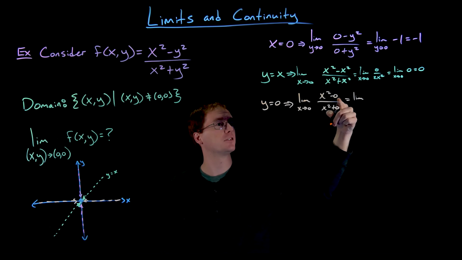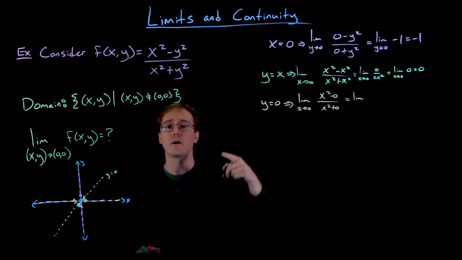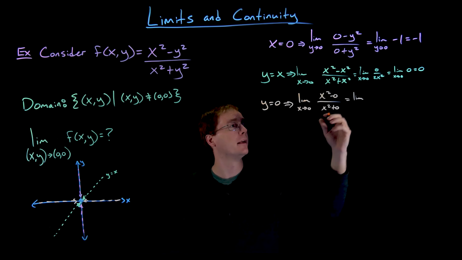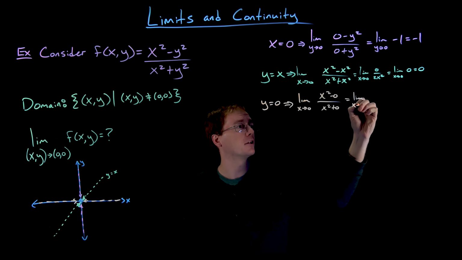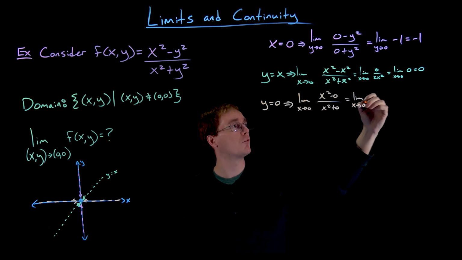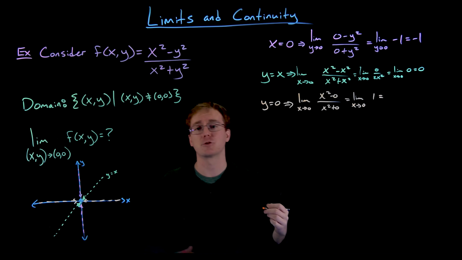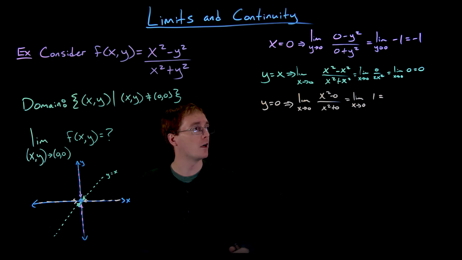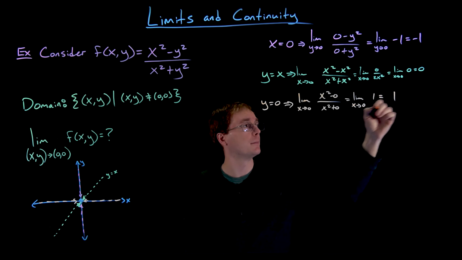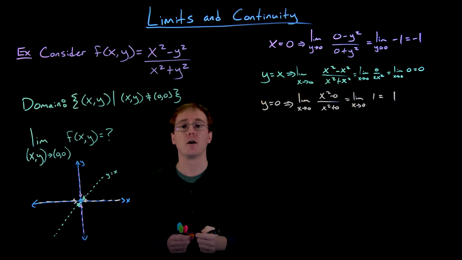To find this, we just set y equal to 0 in our function, and now our two variable limit is a single variable limit. And so we can evaluate this pretty quickly. It becomes the limit as x approaches 0 of x squared over x squared, but x squared over x squared simplifies down to 1, and now we just have the limit as x approaches 0 of 1, but a limit of the constant is equal to that constant.